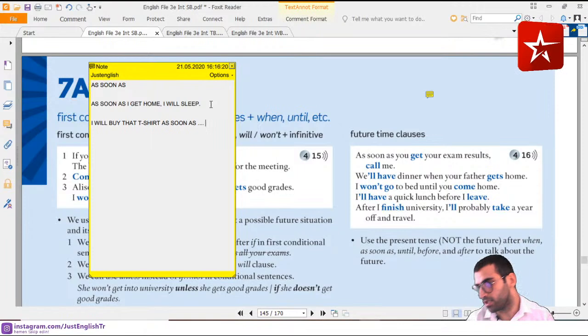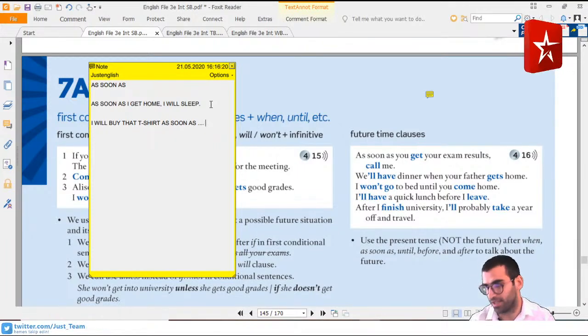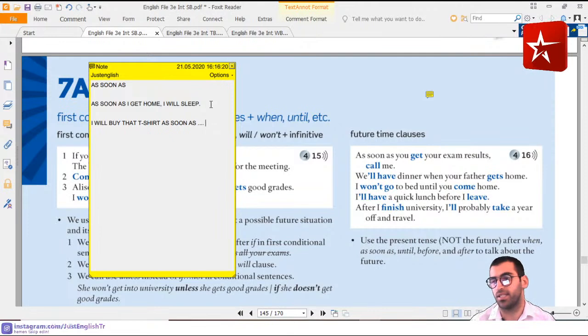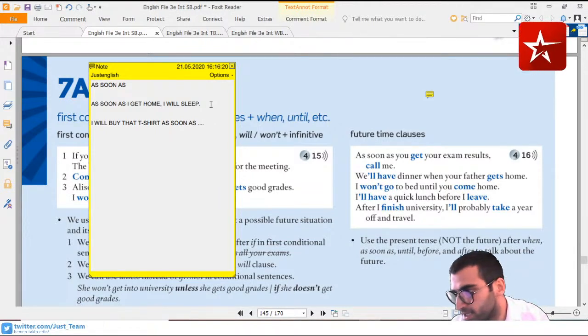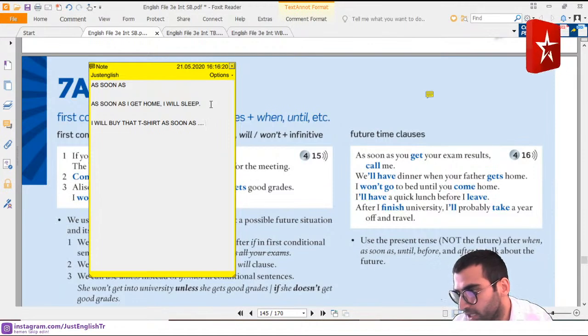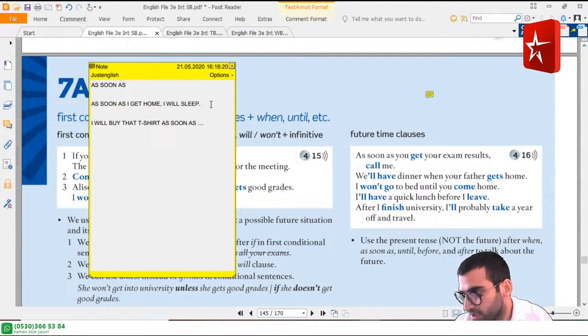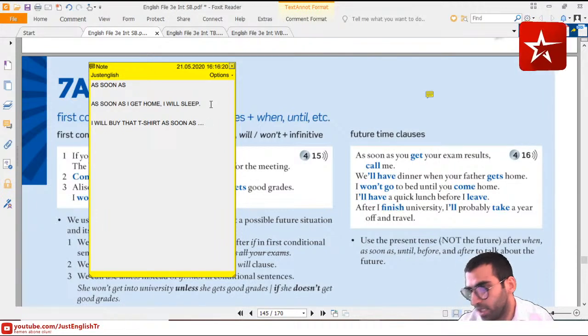I hope Justenglish will start the lessons as soon as possible. Yes. And what about this sentence? How can we complete this sentence that I'm writing here? Can you complete this sentence for me, please?